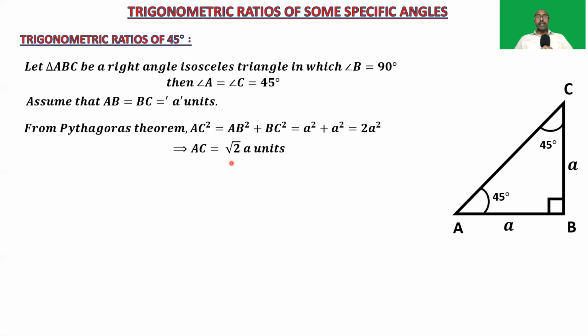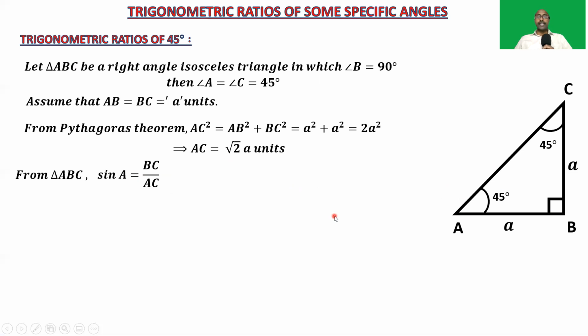Students, now from this triangle ABC, find sine A. And we know that sine A equals the opposite side to A by the hypotenuse. Here the opposite side is BC and the hypotenuse is AC.